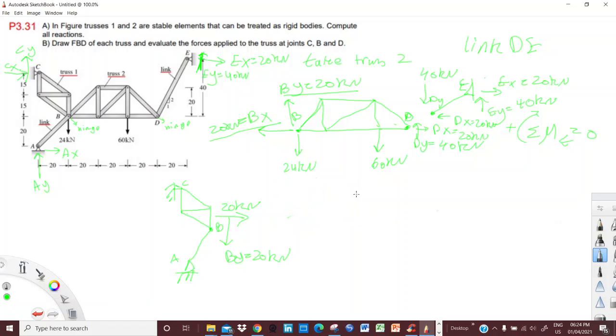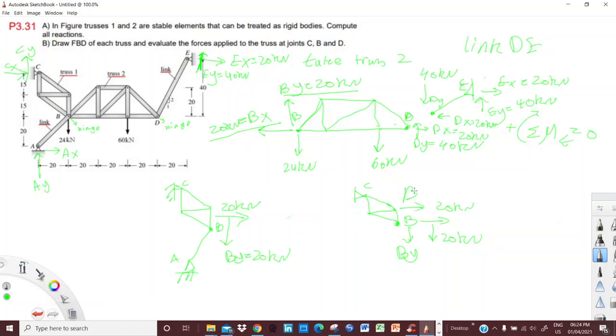If I split the structure again, I'm left with 20 kilonewton, then downwards 20 kilonewton. This force is equal to this and this. But once I split, there is also a new structure, the third time.